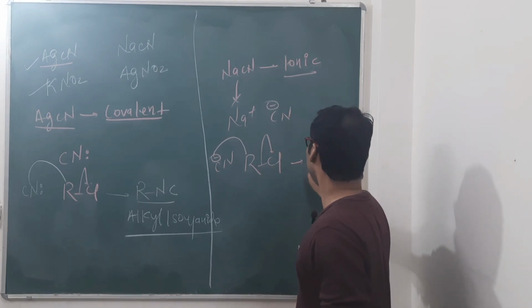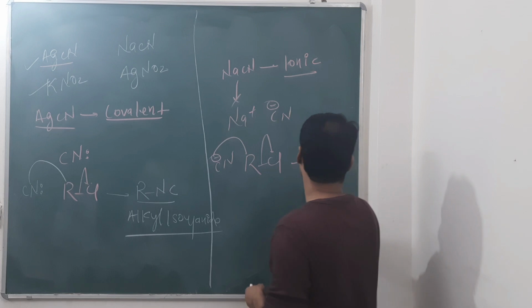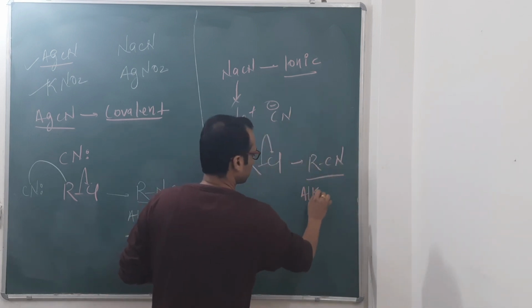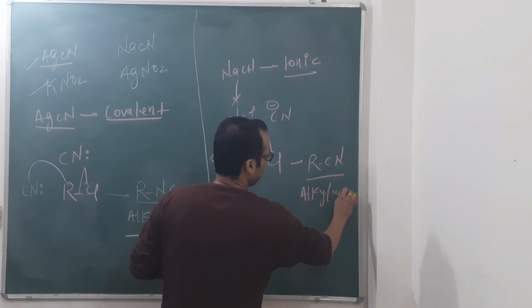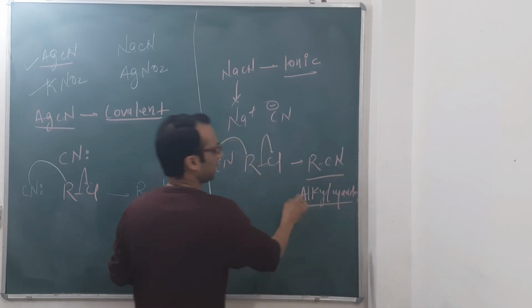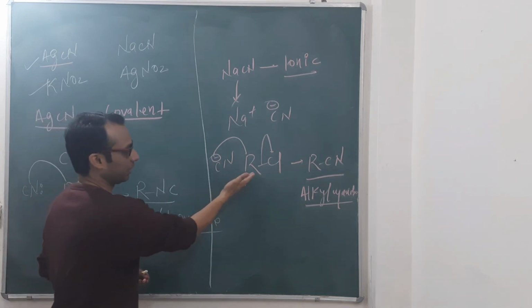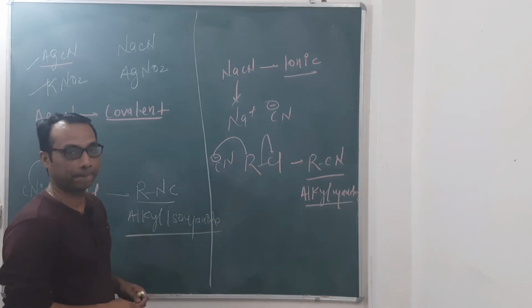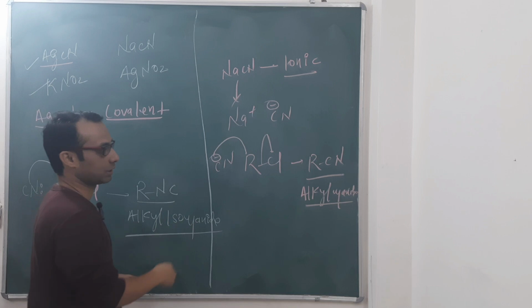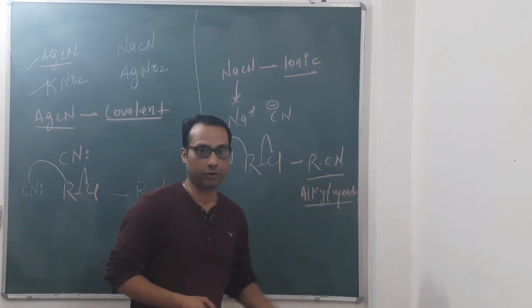So that will form RCN, alkyl cyanide. Alkyl cyanide will form. And students, remember that this process is SN2, so don't take 3 degree or 2 degree like that, okay?